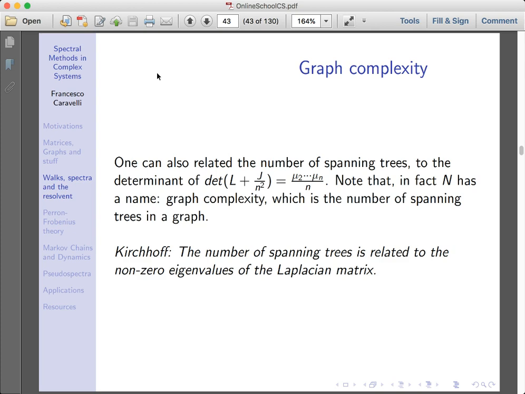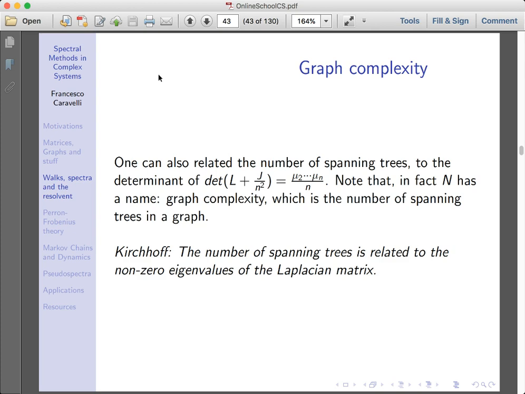It's a remarkable theorem, which I highly suggest you go and look up. It is defined as the number of spanning trees of the graph, a measure of how many ways there are, of how complex your graph is.